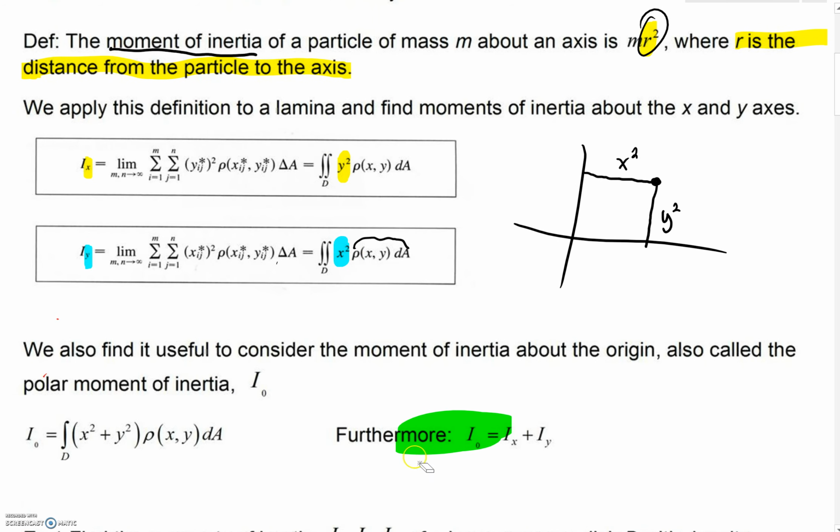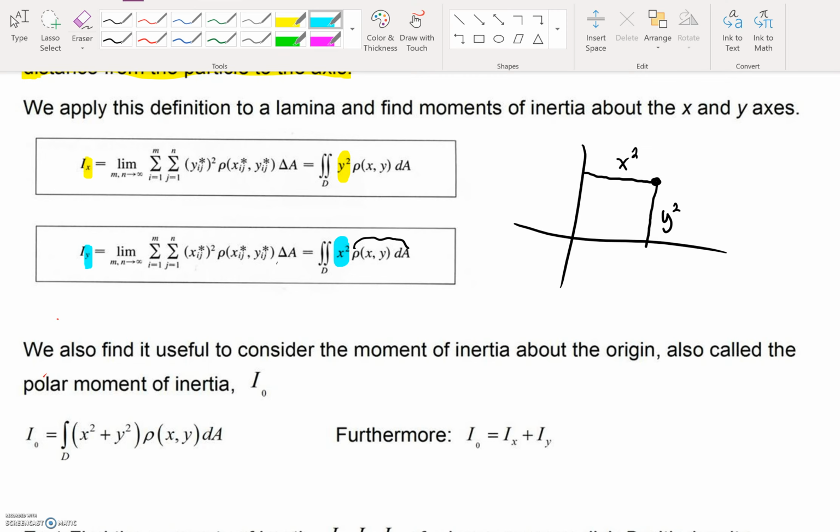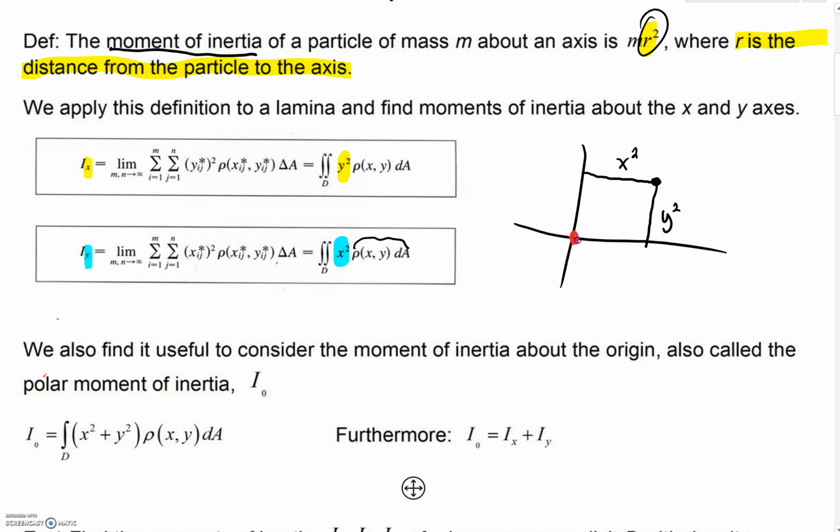Now, we also find it useful to consider the moment of inertia about the origin, and that's known as the polar moment. If we are going from the origin to a point right here, we could call that distance r, and like all distances, it would be squared.